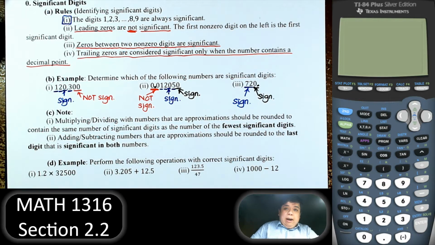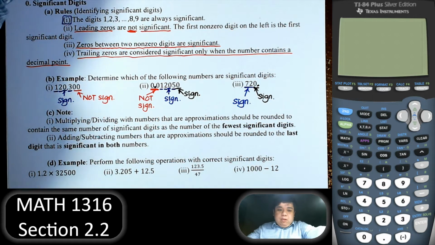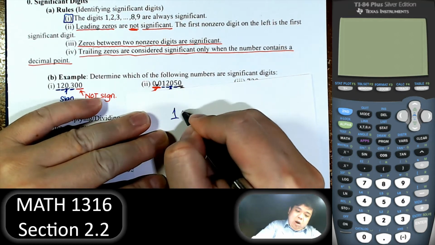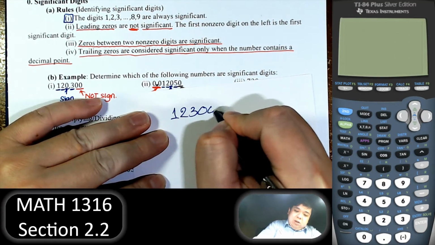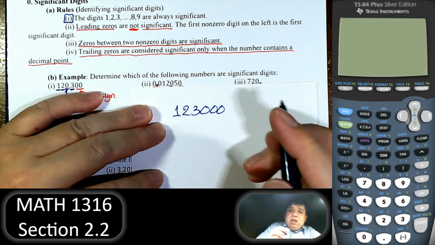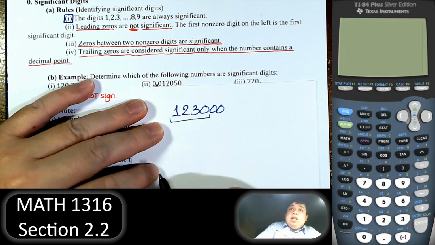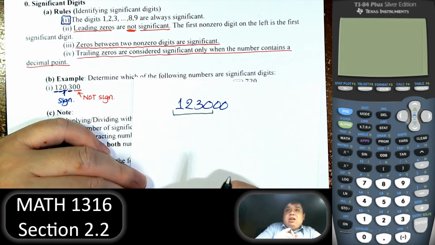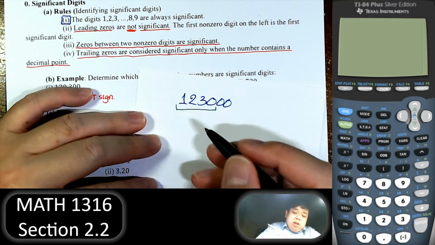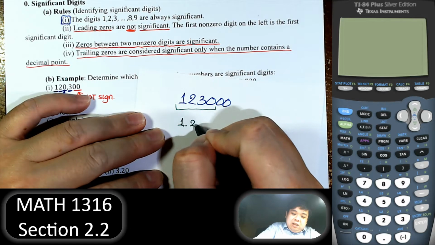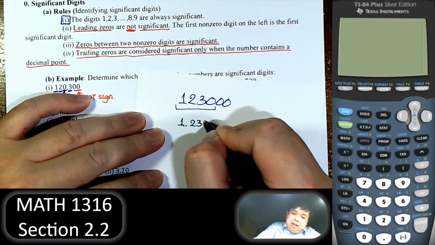Right, and my question is, let's say you have the number 13000 and you want to write this with, let's say, 4 significant numbers. How do we do that? Well, the way we do this is we write this in scientific notation, and then we write 0.